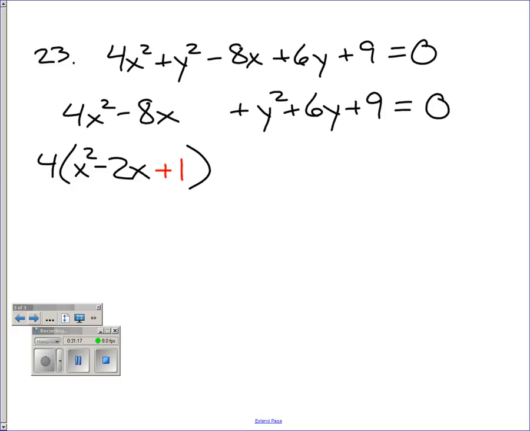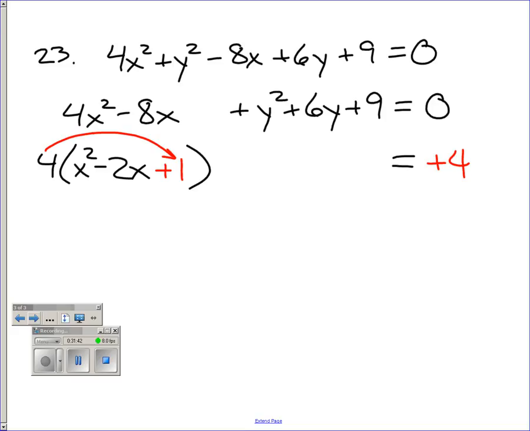What do we add to the other side? Not a 1. Why is it a 4? Because this 1 that's inside the parentheses is being multiplied by a 4 outside. That's a distribution, right? So on the right-hand side over here, we've got to put a plus 4.